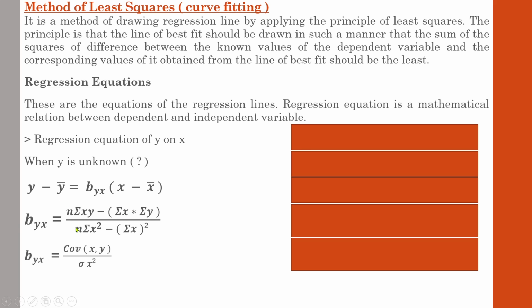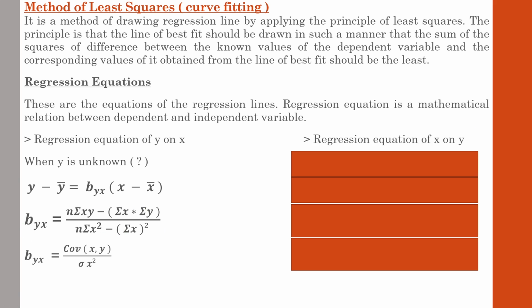Any of these two equations can be used. Usually you will be using this one, and this equation may be used very rarely depending upon the details given. If the details regarding covariance of x and y and standard deviation of x are given, you can use this one. Otherwise you will be using this one. In the majority of cases you will be using this equation.